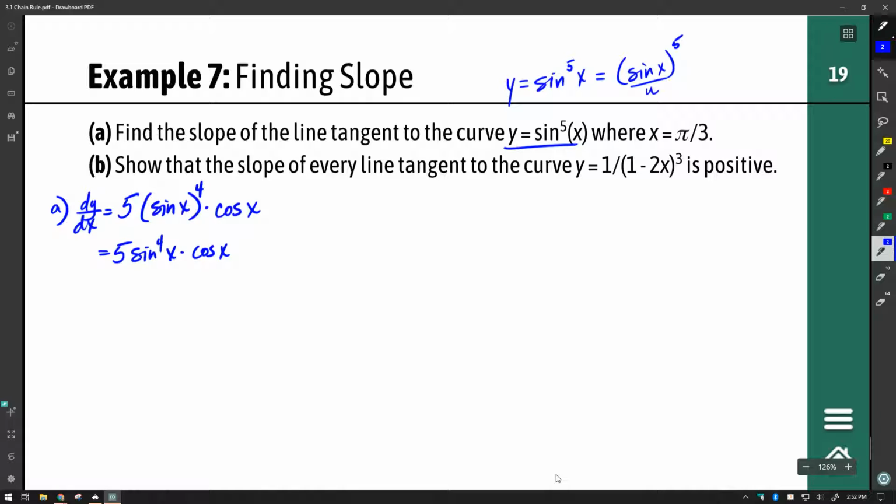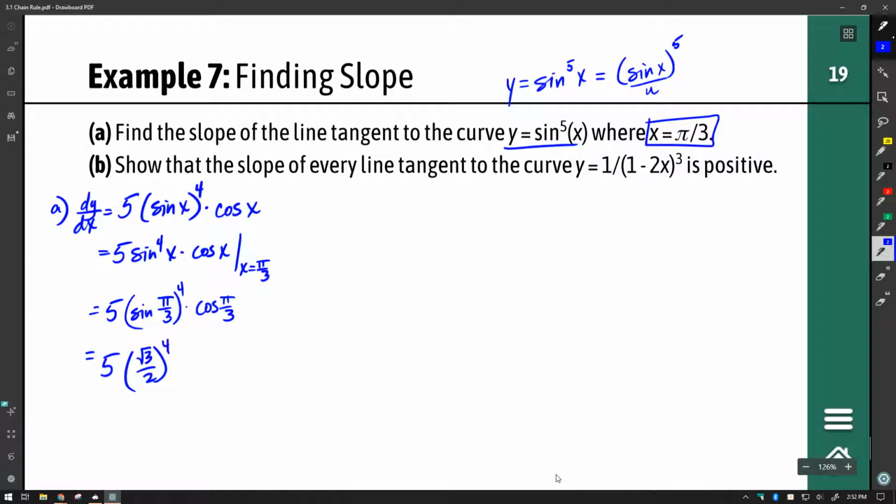We want to know the slope of the line tangent at the point where x is pi over 3. So now we need to plug in x equals pi over 3. So we have 5 times the sine of pi over 3 to the fourth times the cosine of pi over 3. So this is 5 times, well, the sine of pi over 3 is root 3 over 2.